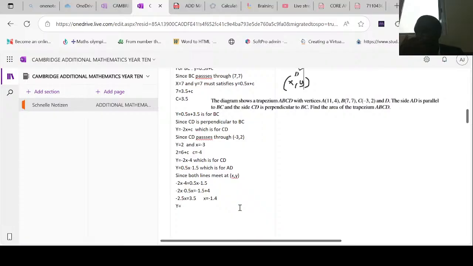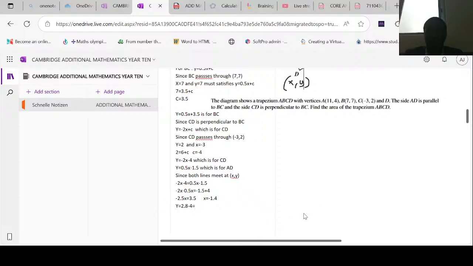So that will be minus 2 times minus 1.4. That should be 2.8 because minus times minus will become plus. So 2.8 minus 4.